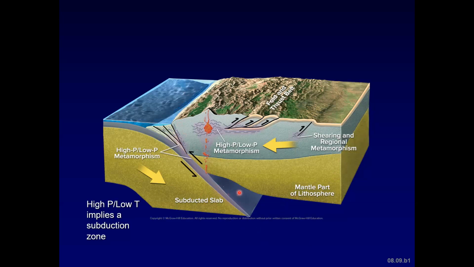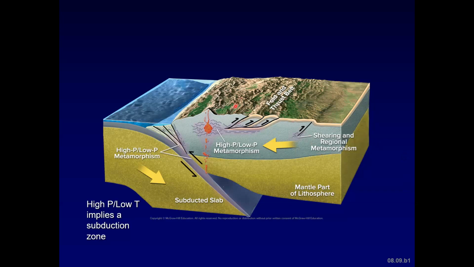Subduction is a relatively fast process, so the metamorphism will occur under high pressure, low temperature conditions. So we expect rock cleavage, folding, and shearing. Near this magma, the crust is heated, causing contact metamorphism, which is going to be a high temperature, low pressure metamorphic condition. And we expect little deformation in this setting.